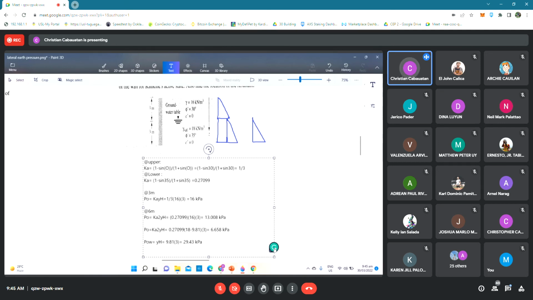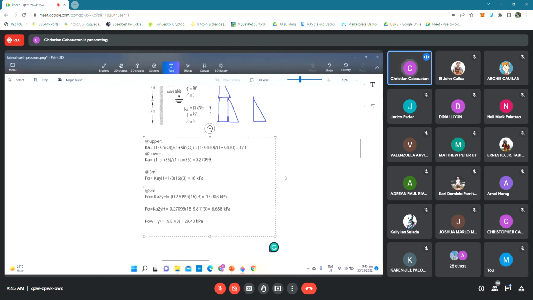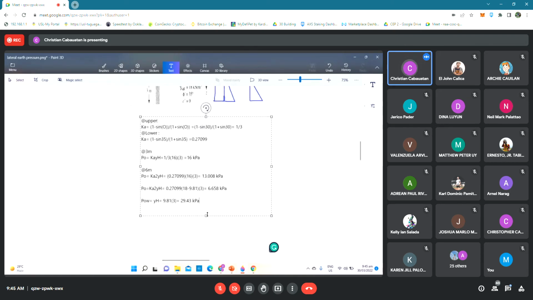Okay. Therefore, nakuha na natin si different lateral pressures, okay? So, the next thing is to find its forces, or its lateral force, which is equal to your 1/2 times your area, or just an area, times your height, okay?